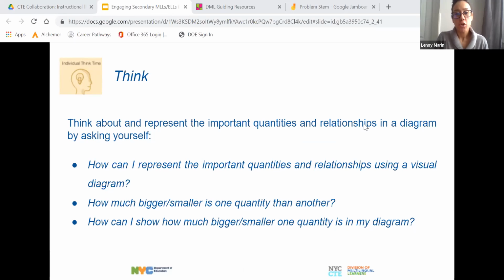So just to let you know, in this part of the routine as a teacher, you do not let the student fully complete the diagram. So I may be cutting you off from your lovely diagrams soon. And the reason why you want to do that is you want to give kids more of a reason to discuss rather than having something fully completed. But I think it also just depends on the teacher.